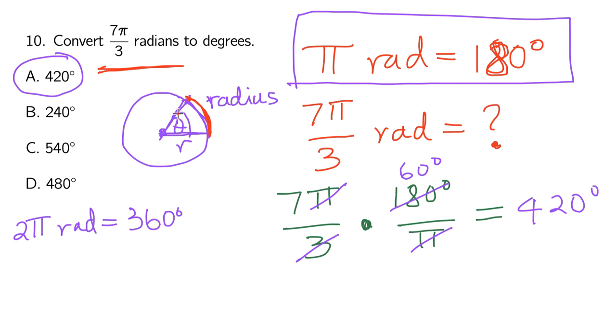That angle theta is going to be precisely 1 radian. So that's where all these come from, and you can use that to derive the relationship between radians and degrees.